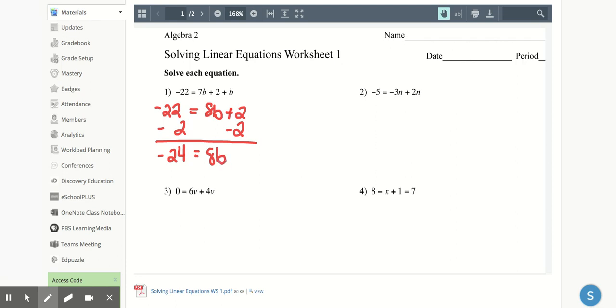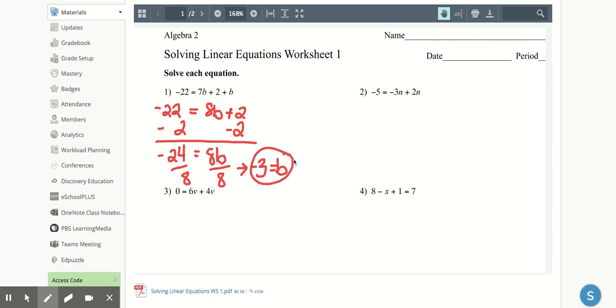And then that 8b is 8 times b, so the opposite operation to get rid of that 8 is going to be division. So we're going to divide both sides by 8. And so negative 24 divided by 8 will give us a negative 3 equal to b.